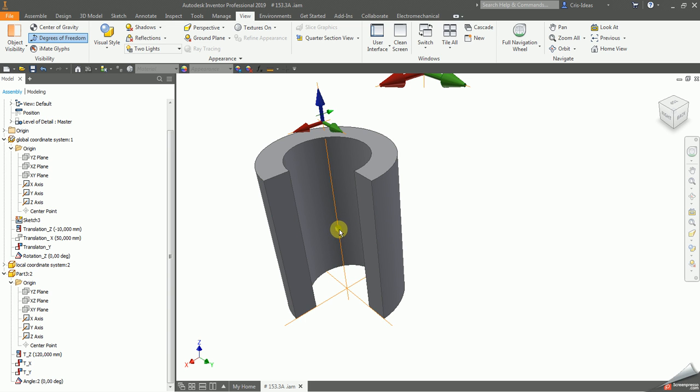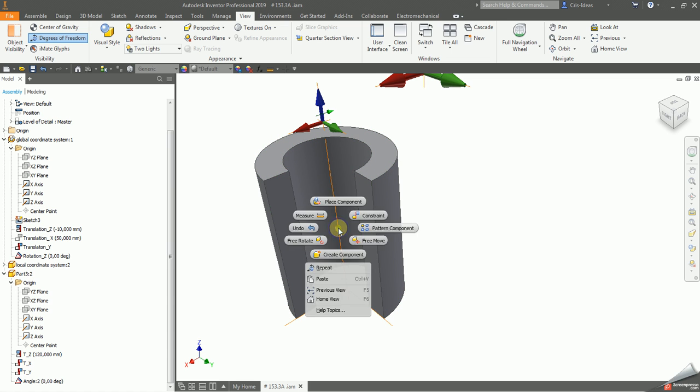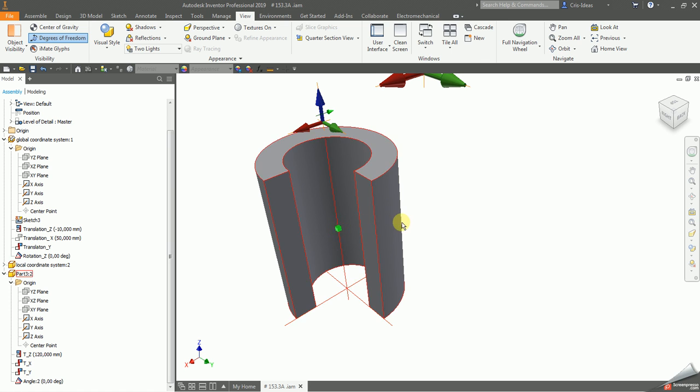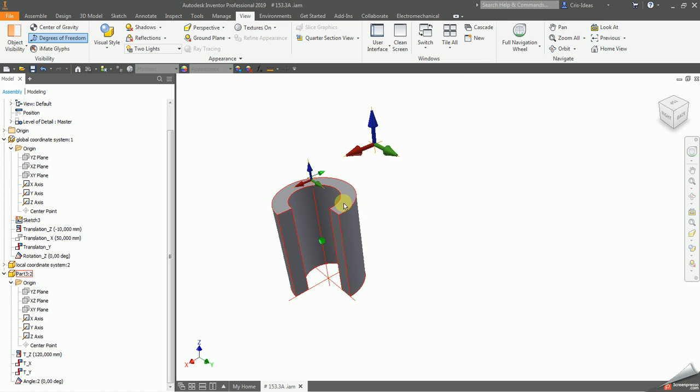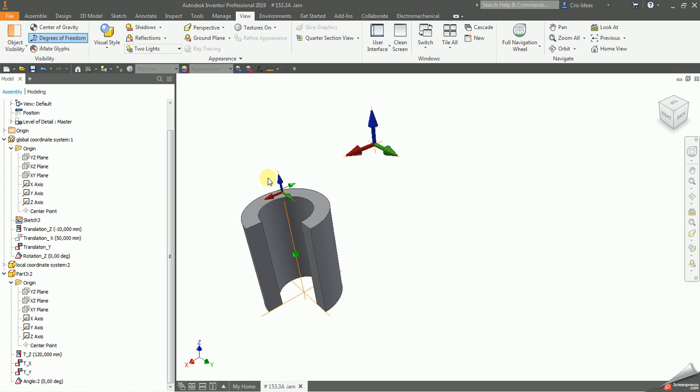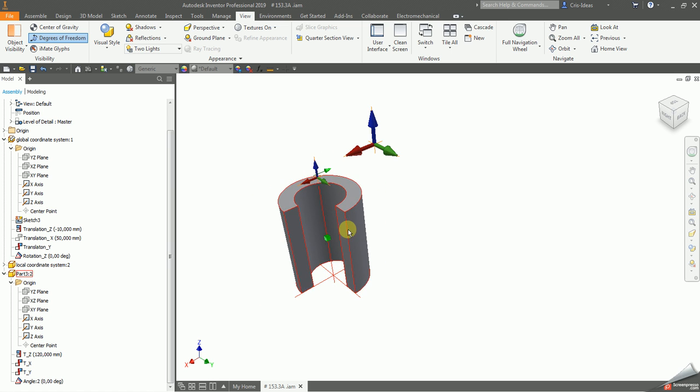When I go here, just a second ago it was showing me the local coordinate system that it was constrained to. So basically this part is now indicated as following the local coordinate system. Whether the part is following the system or the system is following the part is questionable, but still okay, this indicates it is moving with something else.